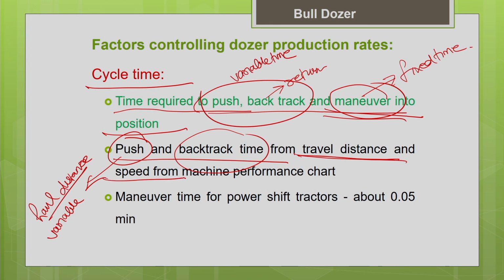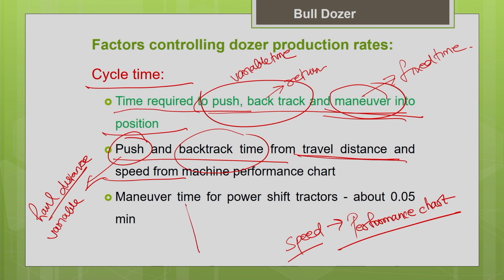You very well know how to determine the speed. In the earlier lecture, I discussed how to determine the speed from the performance chart. Hope you remember. With the help of the performance chart, you can determine the speed. In the performance chart, you will have the speed on the x-axis and the total resistance, either in percentage or in rim pull in kg.